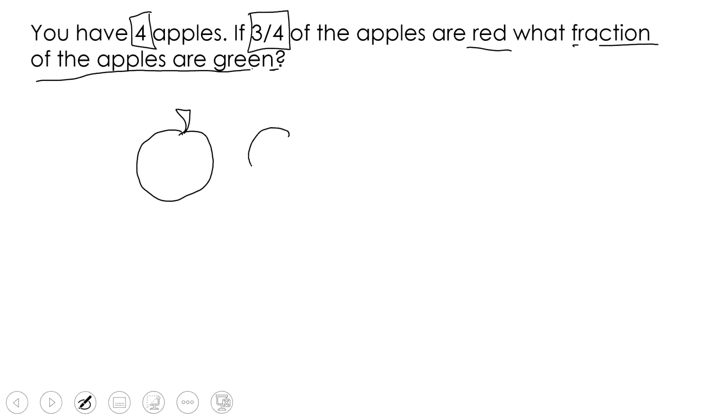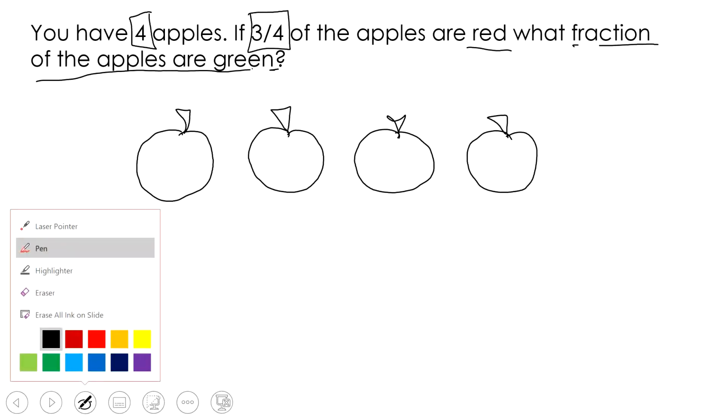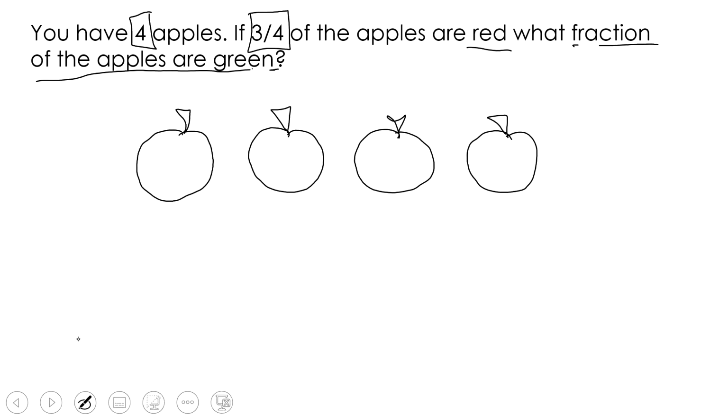Okay, 1 apple, 2 apples, they're not great apples, but whatever, 3 apples, 4 apples. Okay, so I know I have 4 apples. And it says 3/4 of them are red. So how many am I going to color in red if 3/4 of them are red? If you said 3, then you're right.